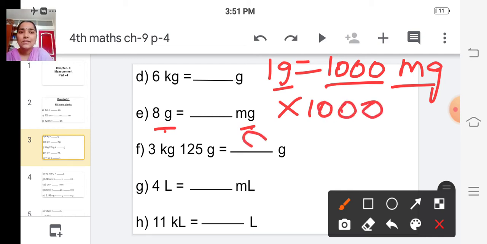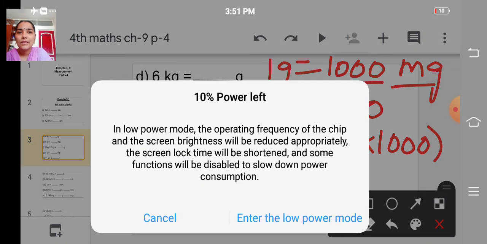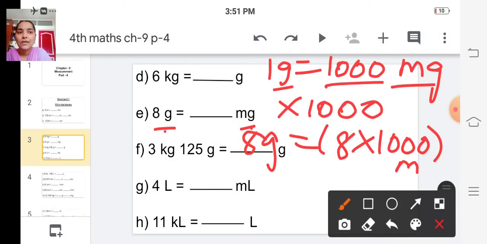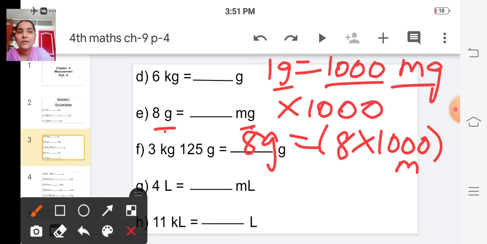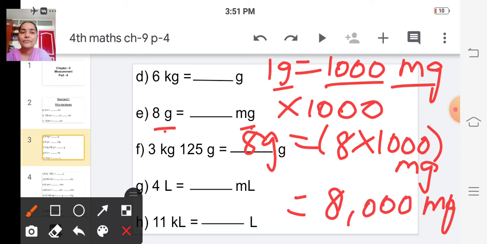So 8 gram is equal to 8 into 1000 milligram, which is equal to 8000 milligram. So here we have to write 8000 milligram.